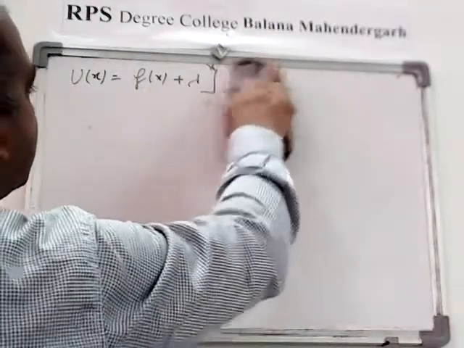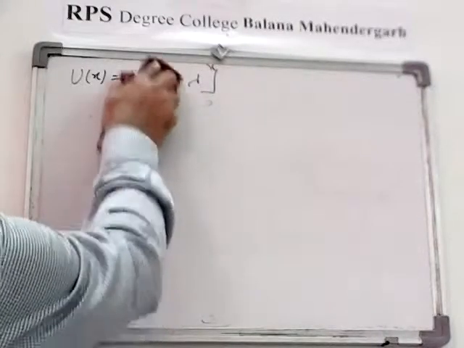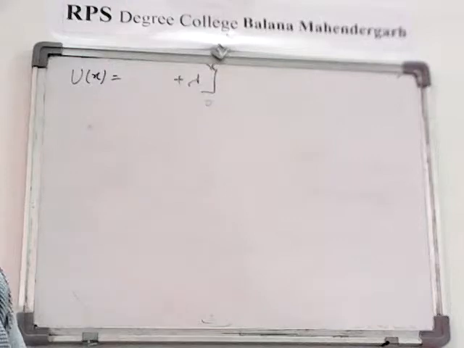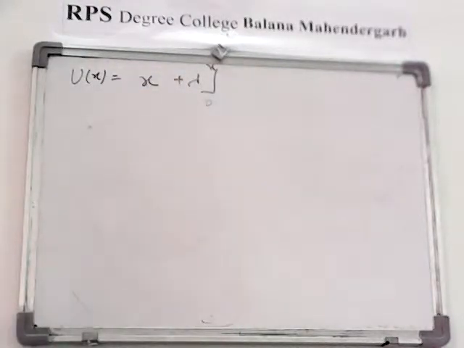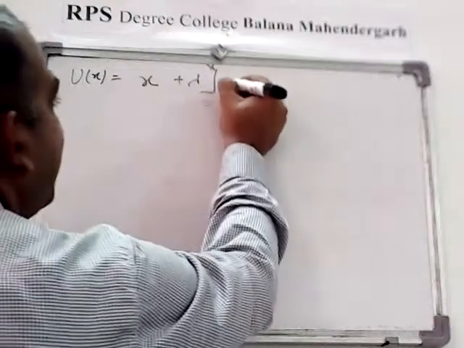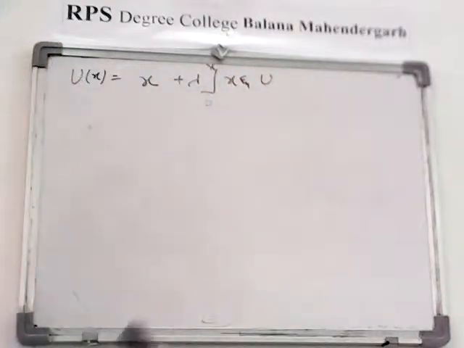Our question is, f(x) is also given to us, u(x) equal to x plus lambda, integration is 0 to x, then we have x xi u(xi) d xi.